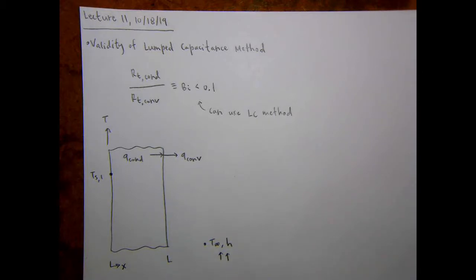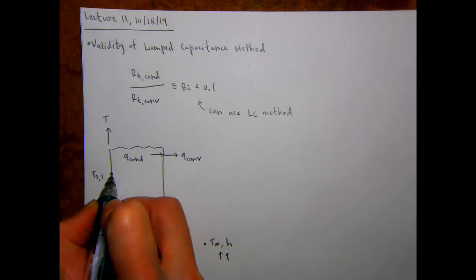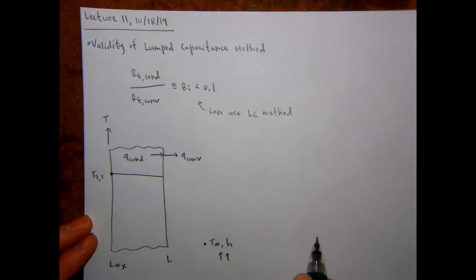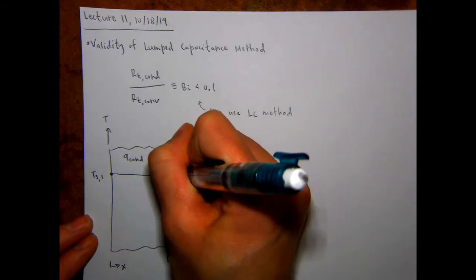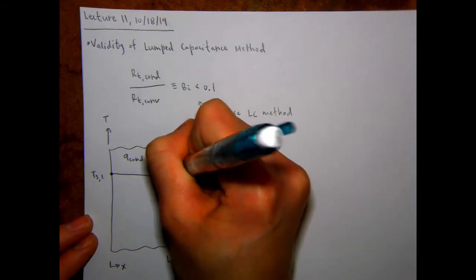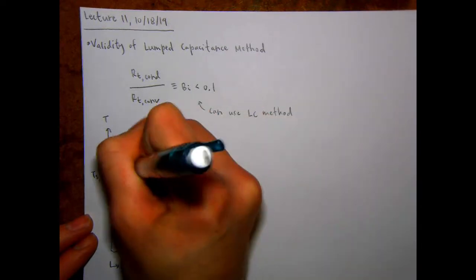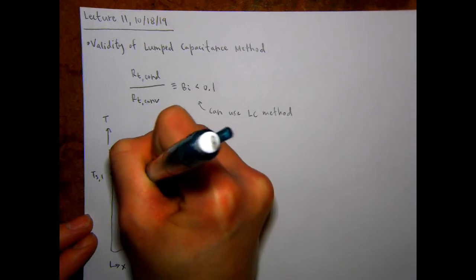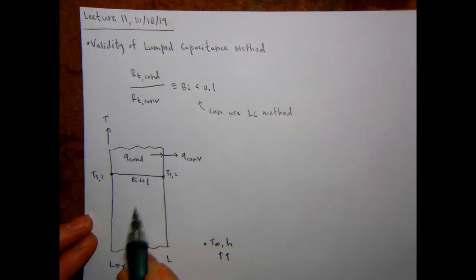If you have a material that has a really small Biot number, you're going to have a temperature profile that's almost flat within the material. So you have Ts2 over here, and this is for a Biot number that's much, much less than 1.